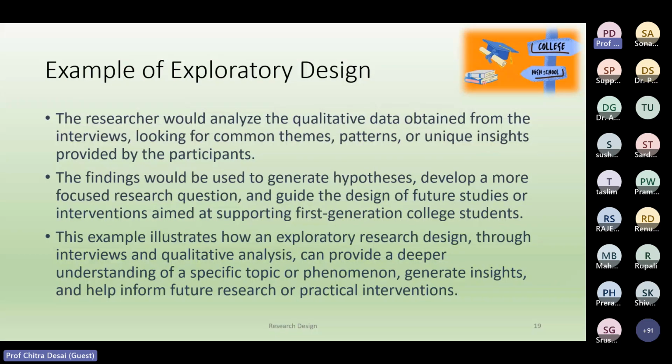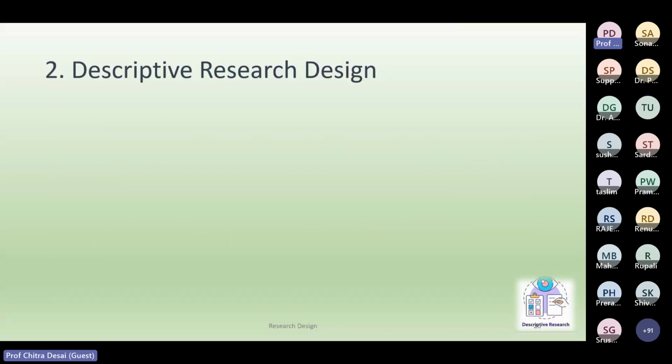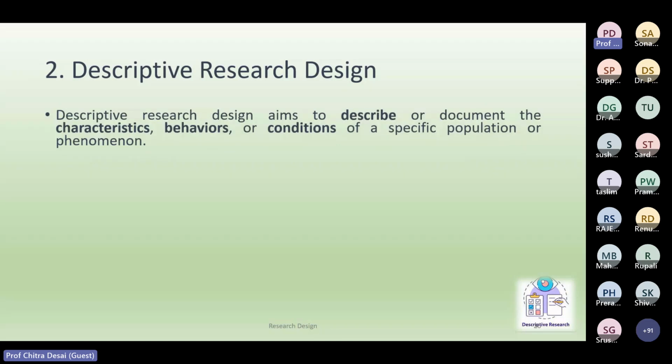The second type of research design is the descriptive research design. In the descriptive research design, the aim is to describe or document the characteristics, behavior, or conditions of a specific population or phenomenon. So you take your problem statement and your aim is to describe or document the characteristics, behaviors, and conditions.